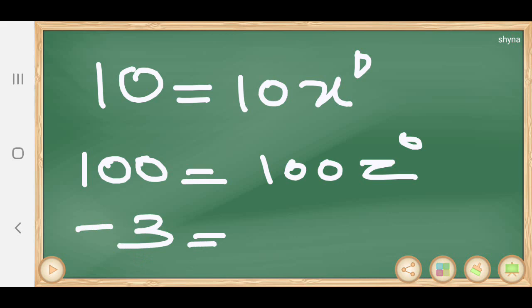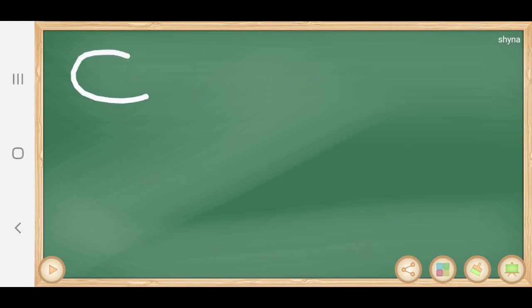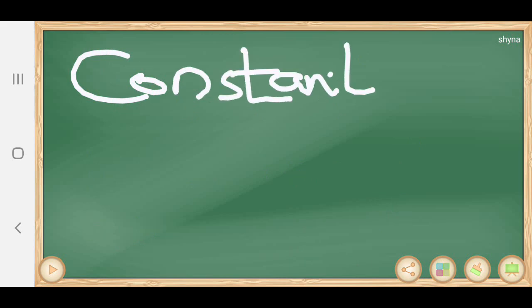Minus 3x raised to 0. Then all these numbers are known as polynomials. Listen, dear children, these numbers are constants, you already know, constant numbers. So these are known as constant polynomials.